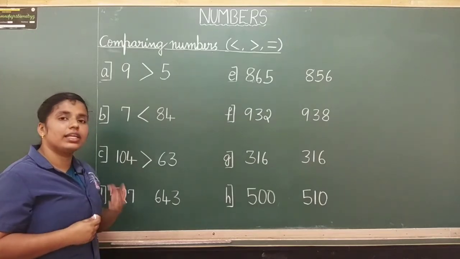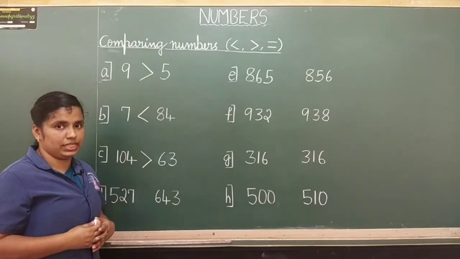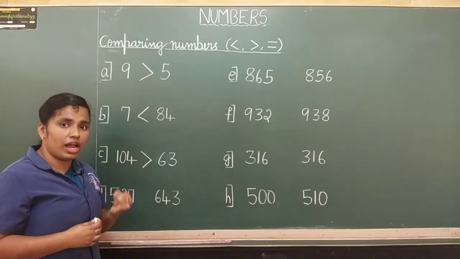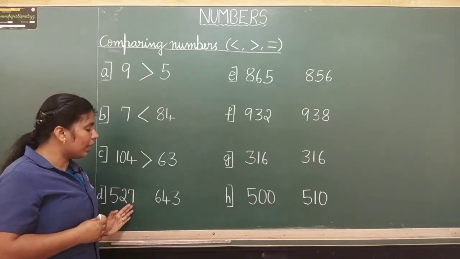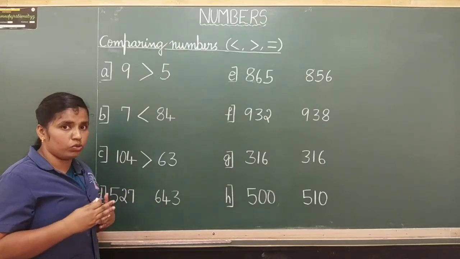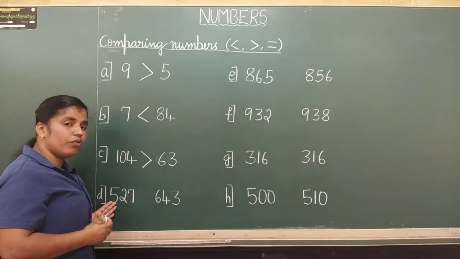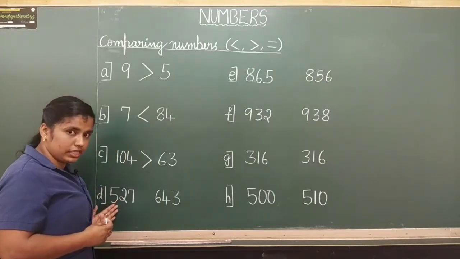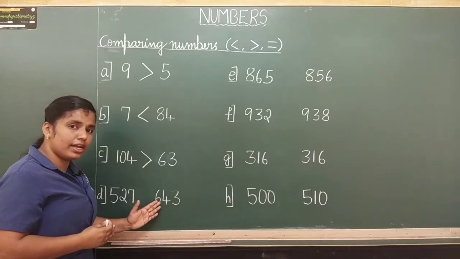You know that in a three digit number we have three different places. Those are hundreds, tens, ones. So while comparing, first we have to see the hundreds place. Here we have 5 in the hundreds place and here we have 6 in the hundreds place.